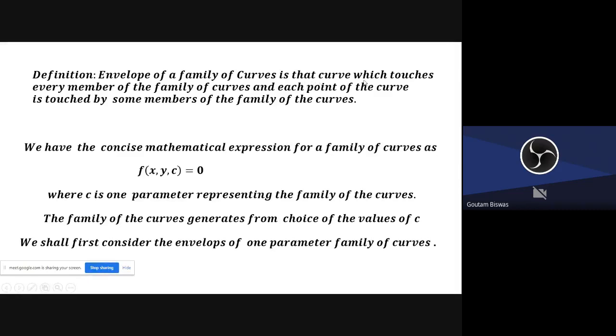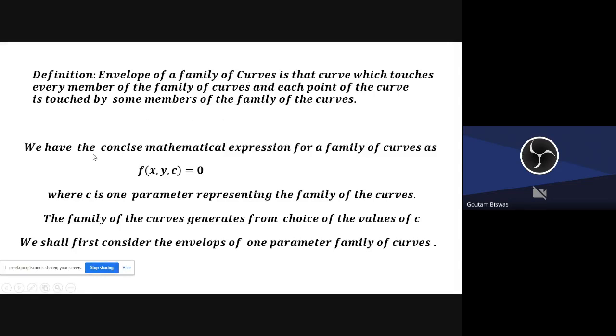It is a curve which touches every member of the family of curves, and each point of the envelope is touched by some members of the family of curves. But remember the word touch, that means it will touch the envelope.